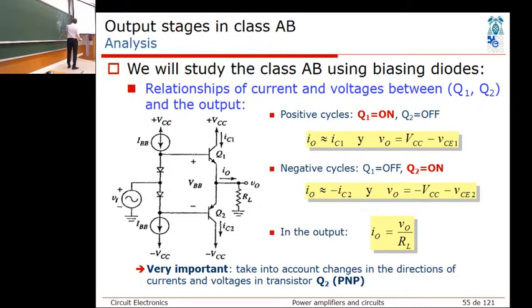IC2 is drawn from that point, meaning I0 equals minus IC2. Yes, it looks fine. So we don't break the Kirchhoff's current law here. Good. But same way as here, you are only the collector emitter voltage away from the minus power supply voltage.